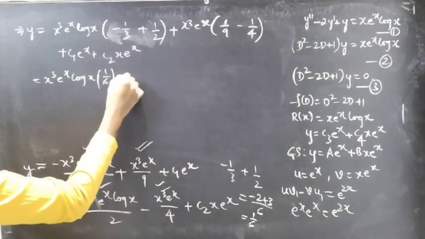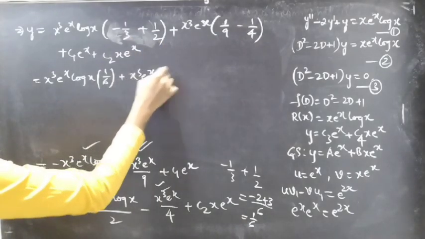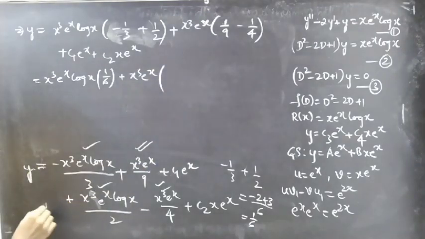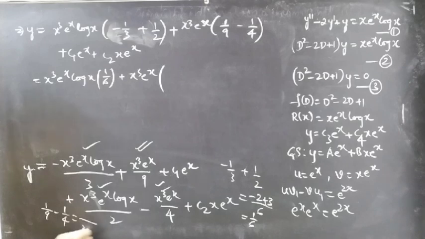Replace this with 1 by 6, plus x cube e power x into 1 by 9 minus 1 by 4, which is 4 minus 9 by 36, which is minus 5 by 36, right?